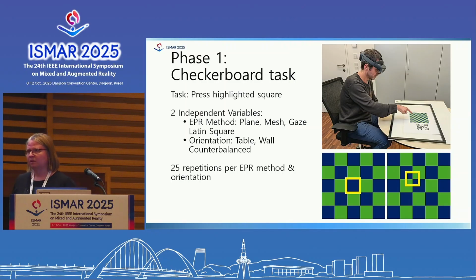And in your evaluation, you also have accuracy, right? The accuracy defines whether the user successfully completed the task, right? Did the user press the correct one? So how about the absolute tracking error?